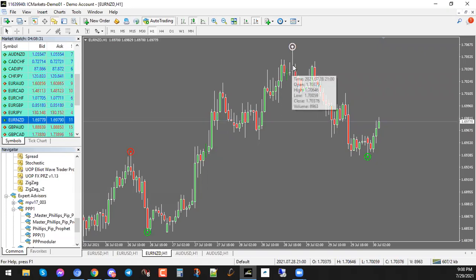What we want to do is wait to get some sort of confirmation that the price wants to go down. So we give it some time. We allow a few bars to form. What I typically like to see is a move down. So we get some bearish bars, we get some bullish bars, and then I can start looking for my reason to sell.